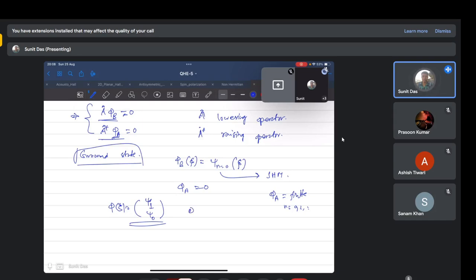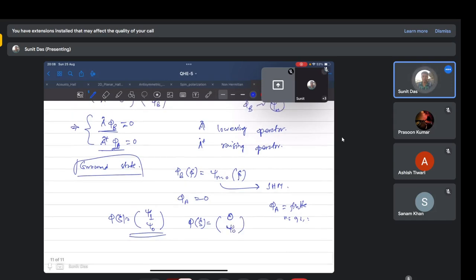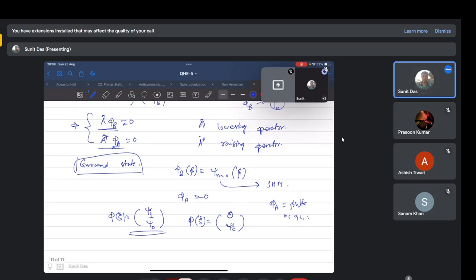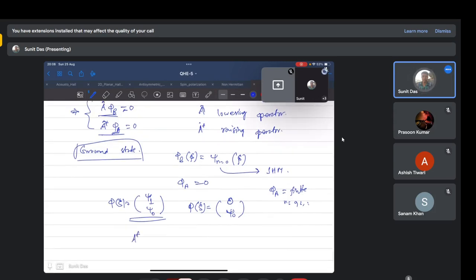So the only possibility left for us is that phi a becomes completely 0 and it remains as the ground state, because on phi a we are applying the raising operator. If we already have one, then it will raise to psi 2.